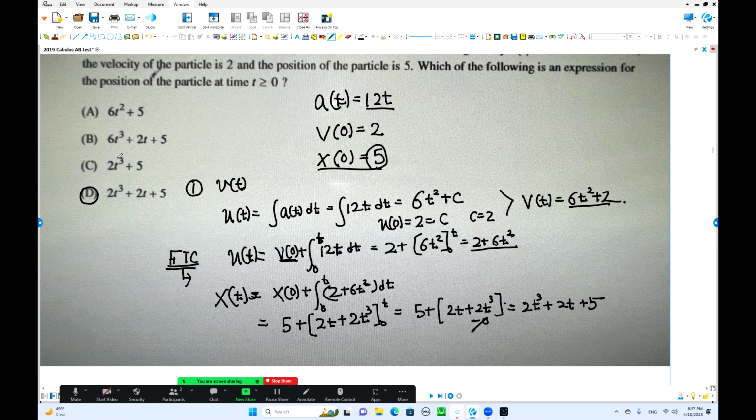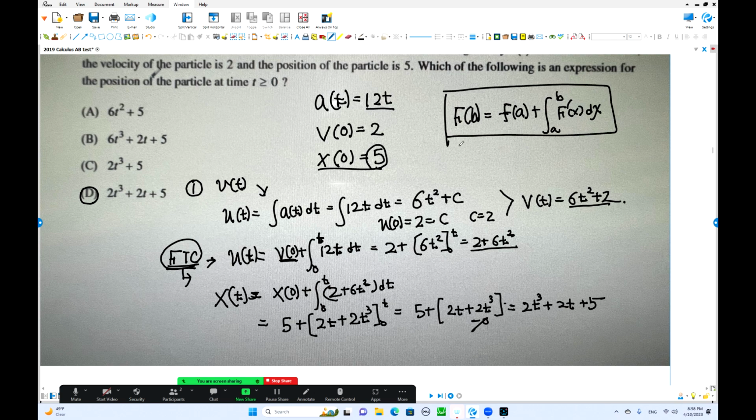So there are already two different ways, and you can use either one. If you like this one, you can go this way, or if you like the fundamental theorem of calculus, you can go that way. The fundamental theorem is: f of b equals f of a, where we start, plus the integral from a to b of f prime x dx.